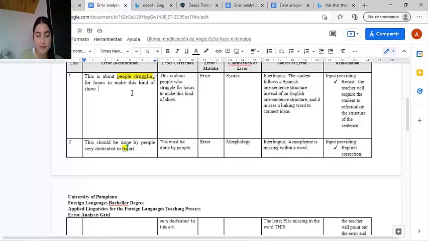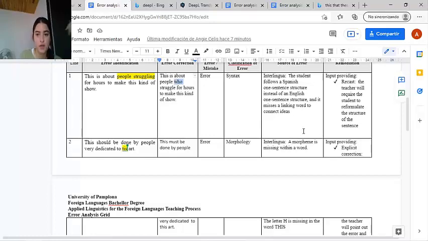For me, I consider this a syntax error because the author doesn't follow the right structure to express this idea. The right way is using discourse markers to clarify the action that the noun, the principal character, is going to do.